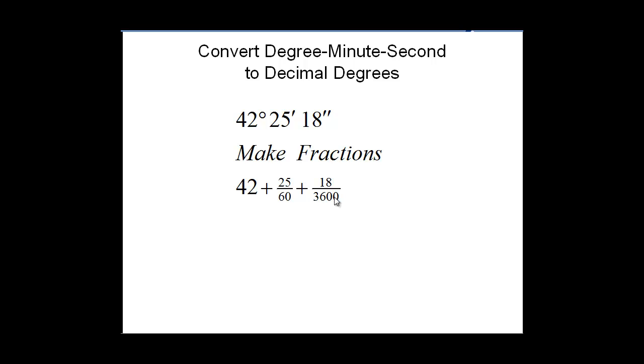And if you convert each of those to a decimal, 25 sixtieths is 0.4166, 18 3600ths is 0.005, and if you add all those together, you should get 42.4216. And you can just take your calculator and type this in, and it should go directly there.